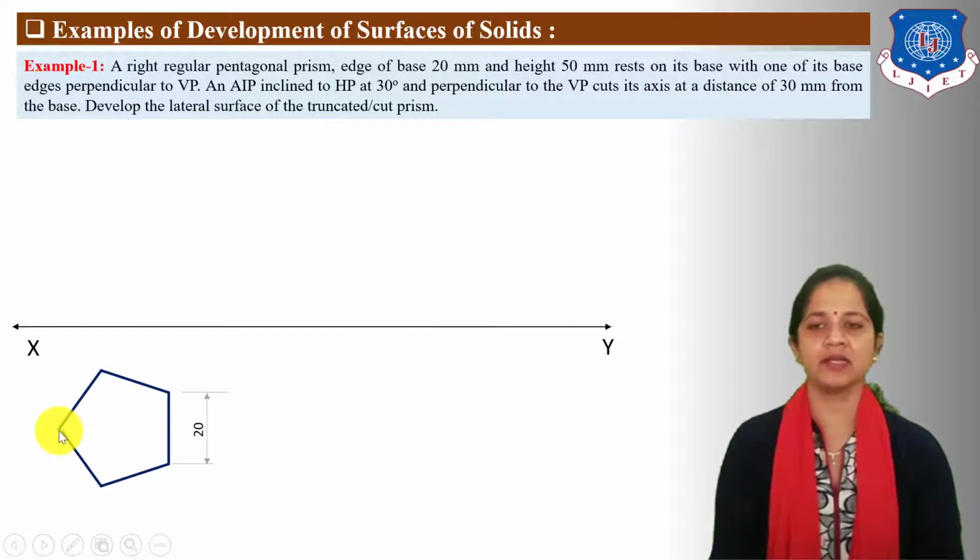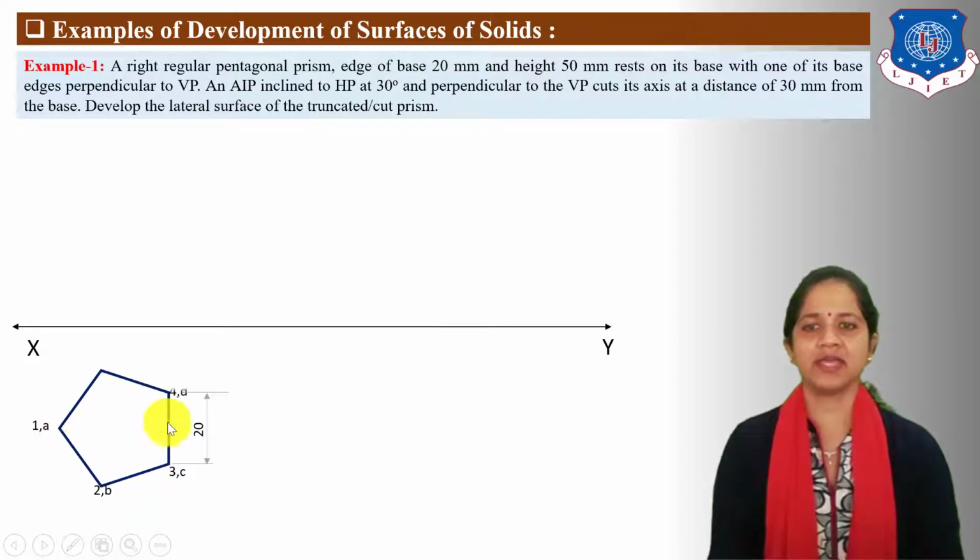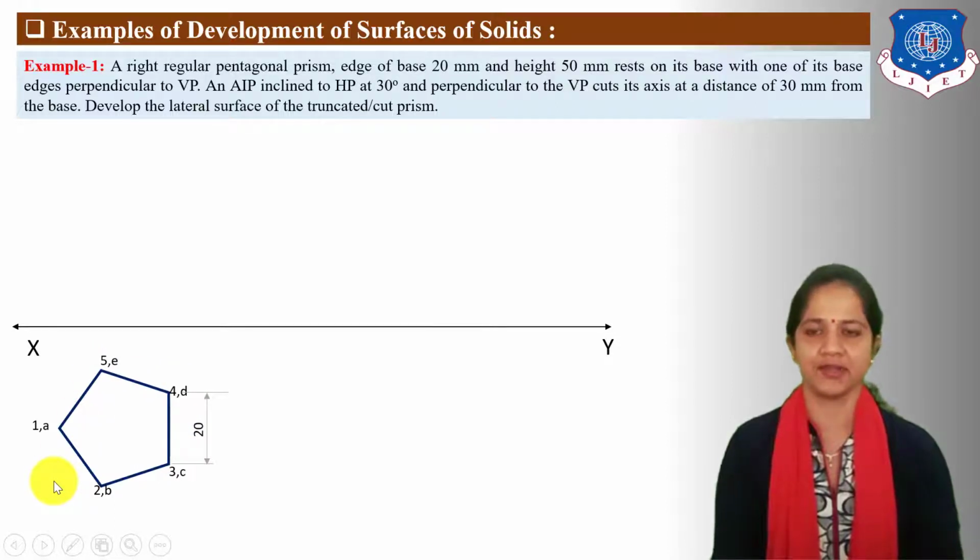Next, mark the base and top face pentagon corner points A, B, C, D, E and 1, 2, 3, 4, 5. Here 1A, 2B, 3C, 4D and 5E indicate vertical or longer edges. Next, locate the center of the pentagon. For the center, connect one corner point to its opposite edge middle point.